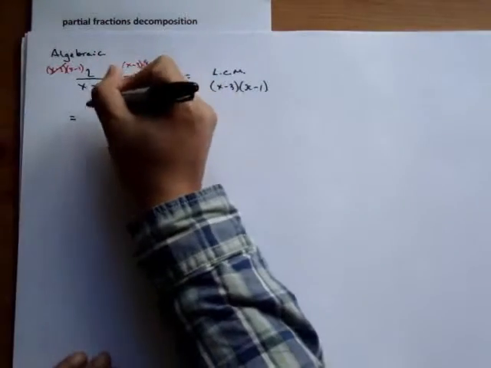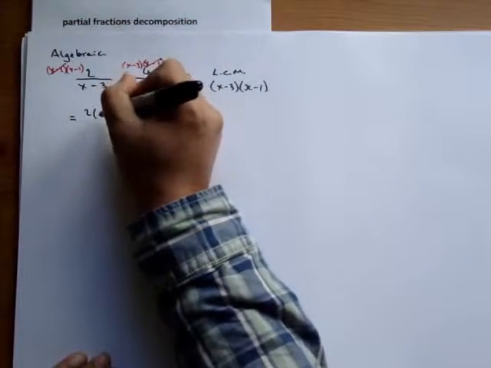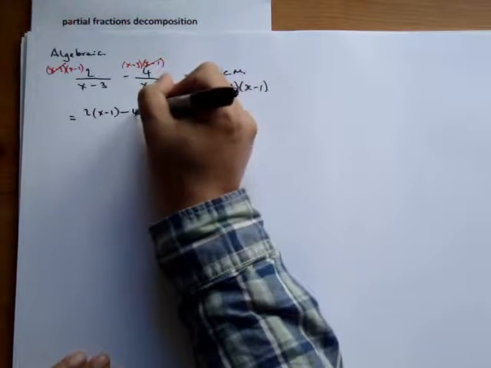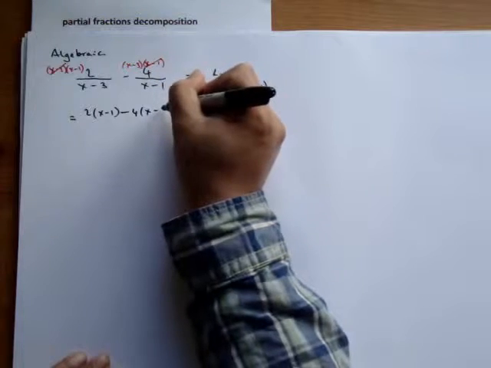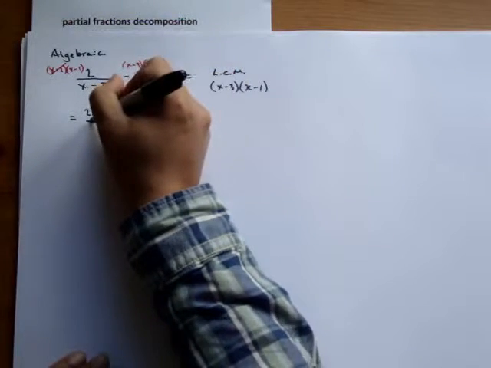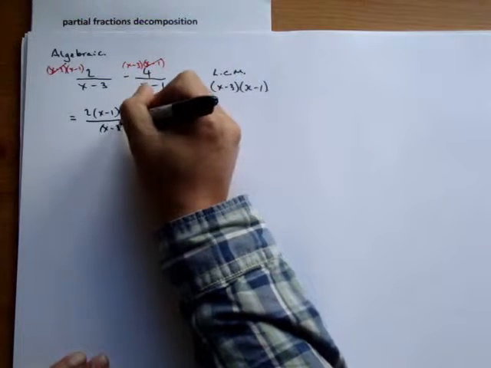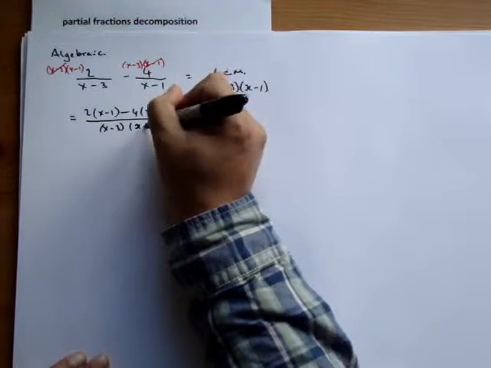So this then becomes 2(x minus 1) minus 4(x minus 3), all over (x minus 3)(x minus 1).